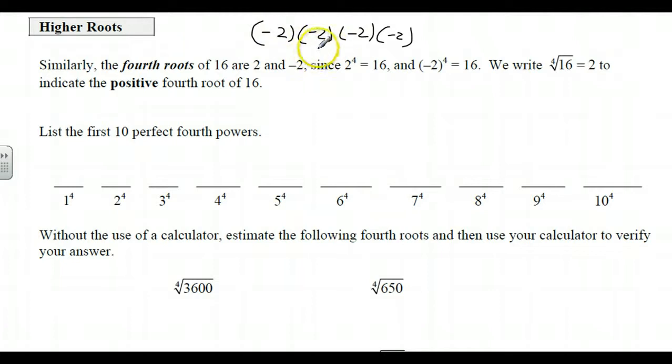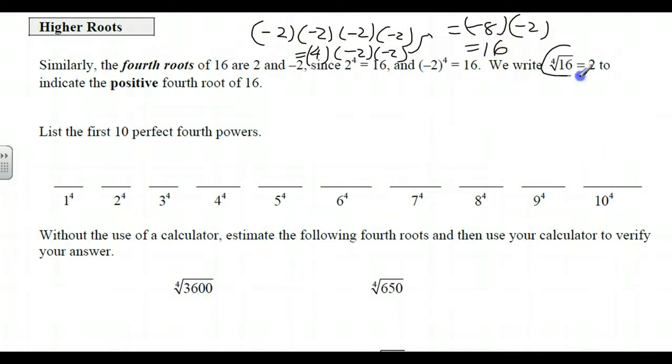So if I multiply this, I'm going to get 4 times -2 times -2. And if I multiply here, I'm going to get -8 times -2, and that's going to give me 16, right? I just think of it this way. These guys make a positive, these guys make a positive, and we've got two positives multiplied together.